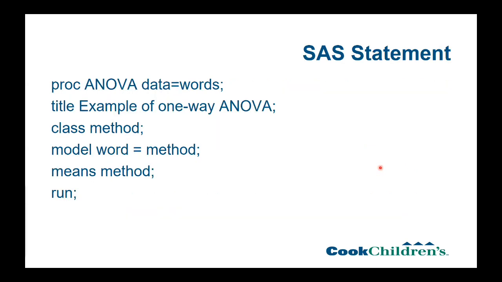So this is the general SAS statement. Like we know, you could vary it. You could add additional options depending on the question you're trying to answer. That's why it's very important to understand the hypothesis so that you know which variable you are using as a class and which variable will be represented in the model.